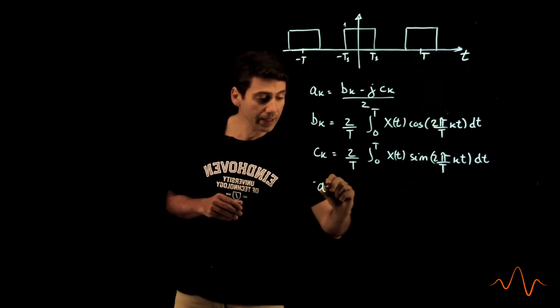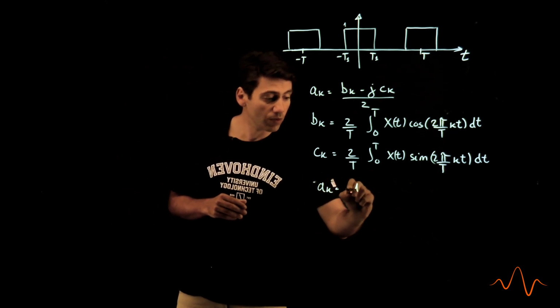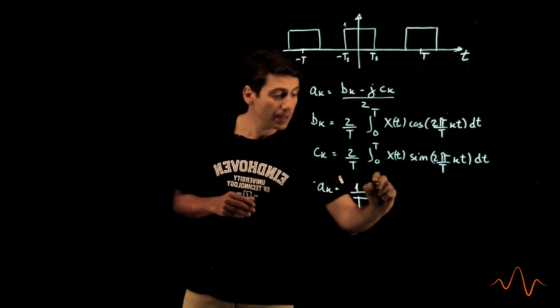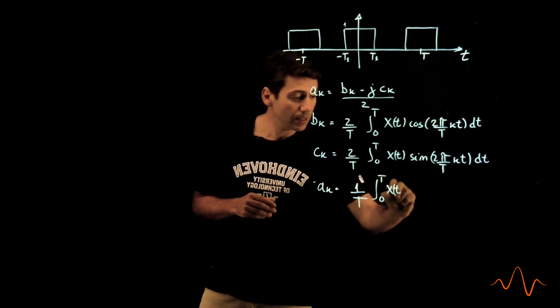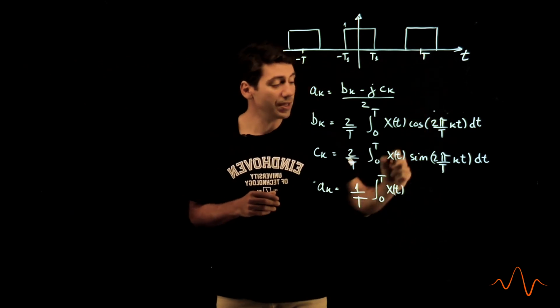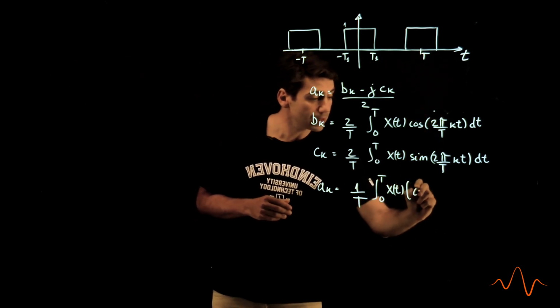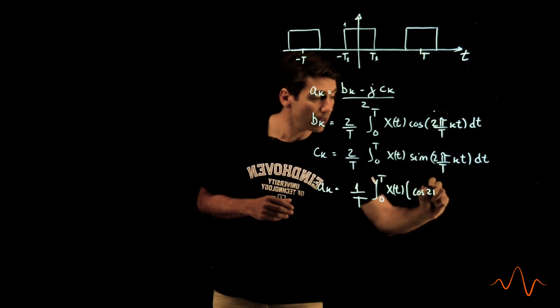We get A k equals 1 over capital T, the integral from 0 to capital T of x(t). Now we get this term from the B k, cosine of 2 pi over capital T k t.